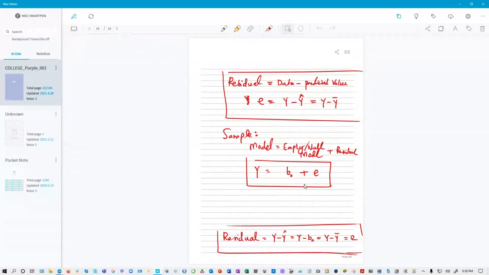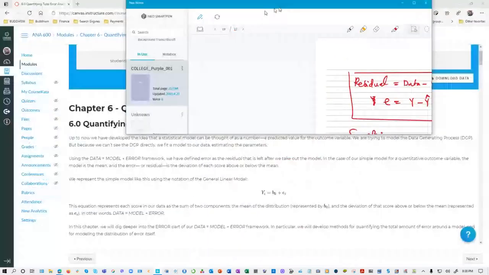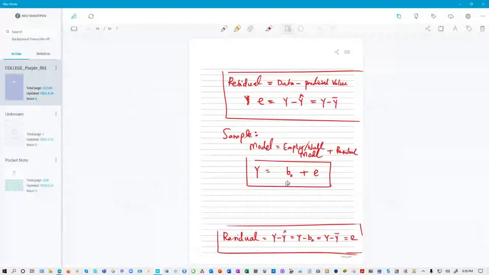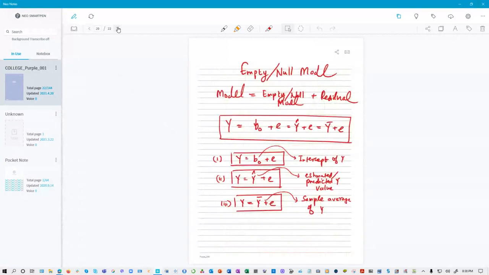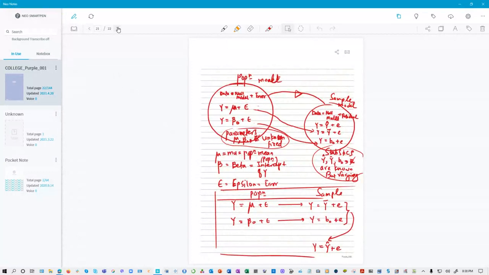Another way of doing that: the sample can be explained as b naught plus e, or y hat plus e, or y bar plus e. There are three ways: y hat plus e, y bar plus e, b naught plus e. This is all the model.